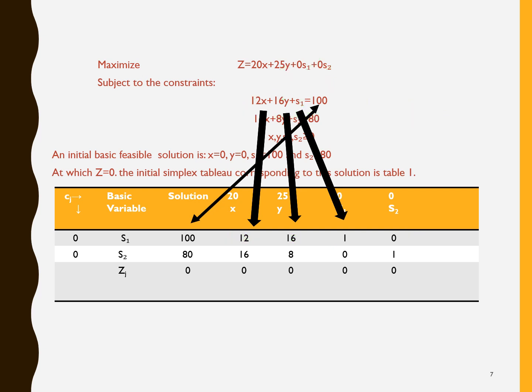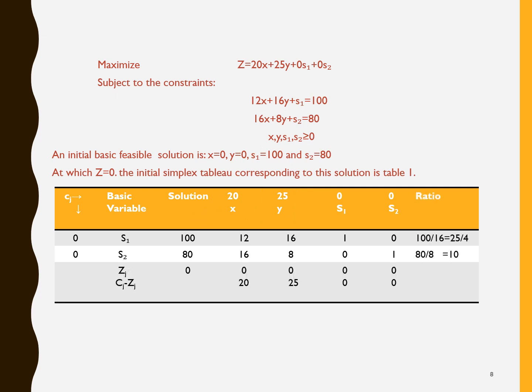Similarly, we can also find out the value here. This is nothing but the constant given in constraint 1, 100. Similarly, we repeat this exercise for constraint 2 and find out 80, 16, 8, 0 and 1. We have this table with us, the simplex table 1.